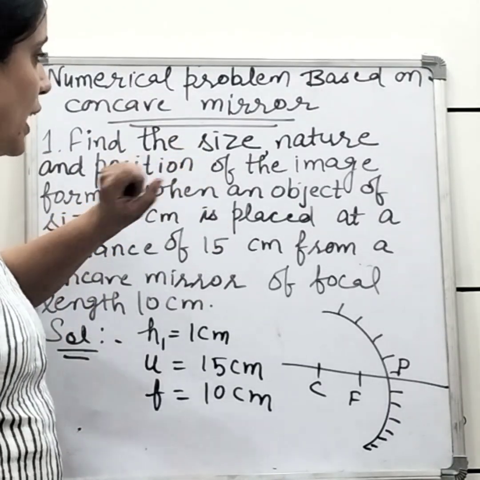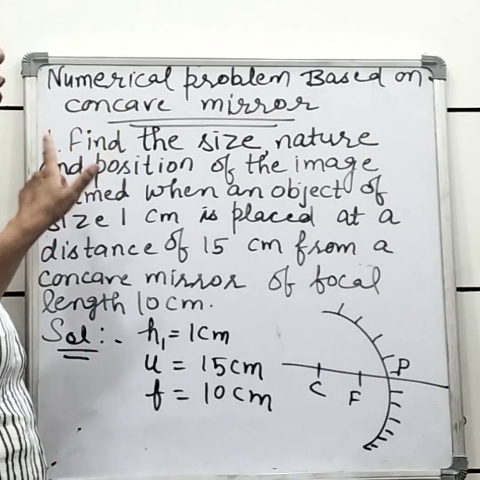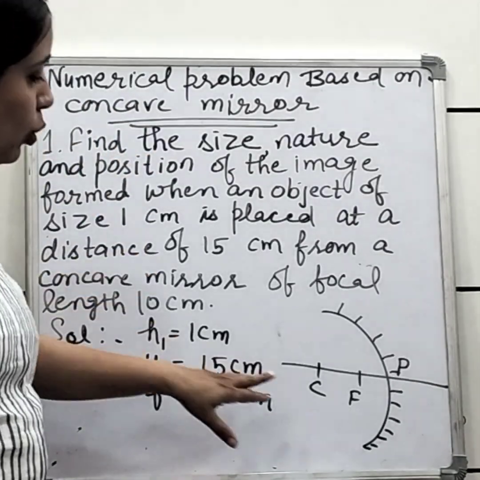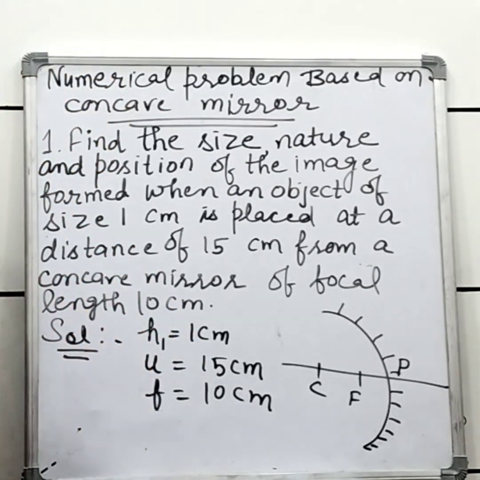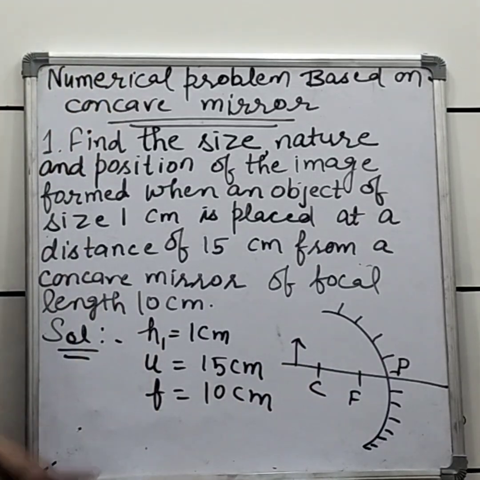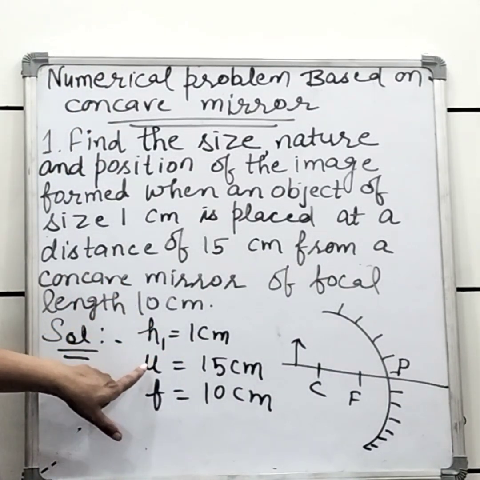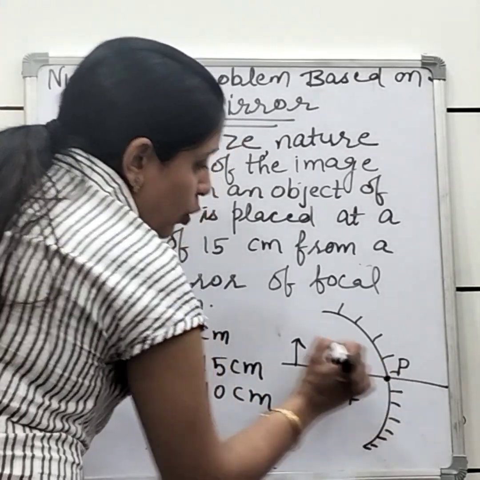You have to find out the size, that is h2, the nature, real inverted or virtual erect, and the position, v, you all have to calculate. So we have given h1, the height of the object. You all know that the object is placed in the upward direction of the principal axis, so h1 is always taken as positive. U is the distance of the object from the pole. So you all know that all the distances are measured from the pole.